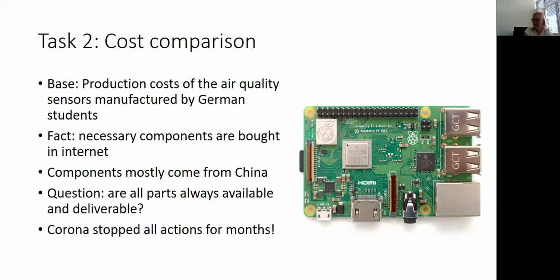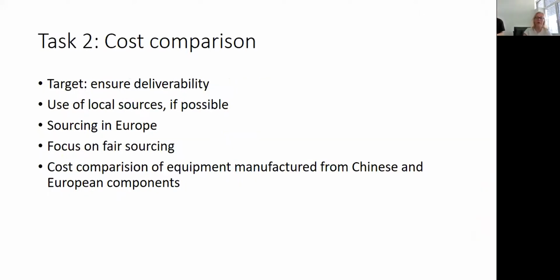And then this leads us to the question: are all parts really always available and deliverable? This means that we should look more at sourcing in Europe. For example, we think that the focus should be on fair sourcing. But as you say, we're coming from the economical side of engineering, so we always need to compare the cost.